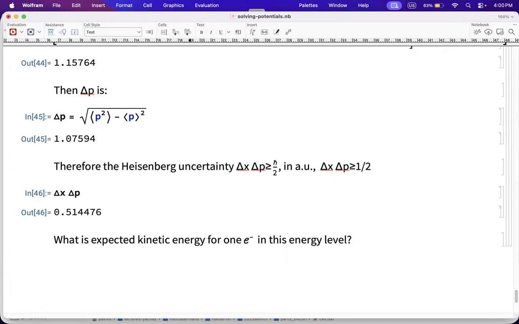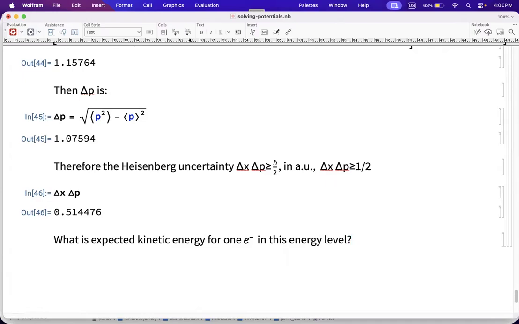So what is p squared in atomic units? p is minus i h bar d/dx, multiplied by the same, that is p squared, divided by 2m.